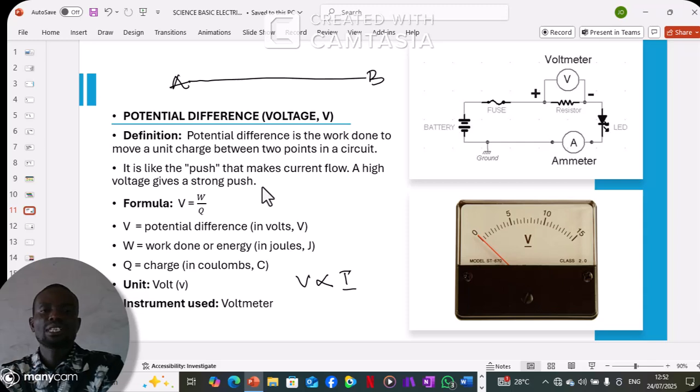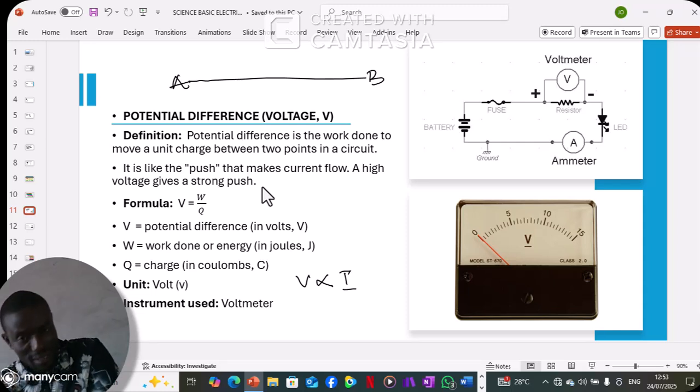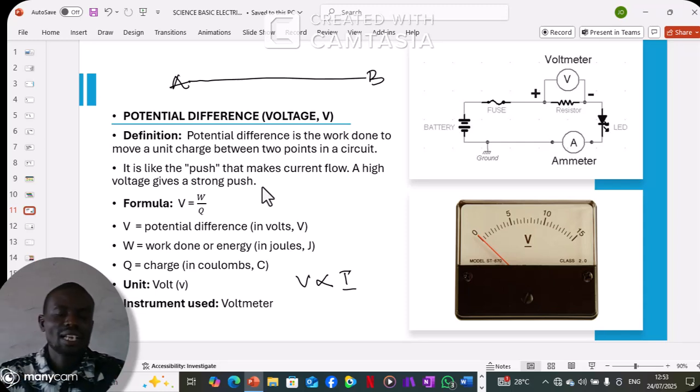How does potential difference relate with current? They are directly proportional. If one is increasing, the other also will increase. If voltage decreases, then current decreases. I believe you understand that.